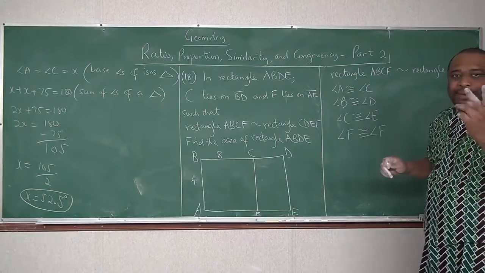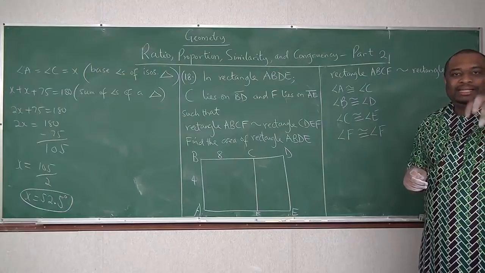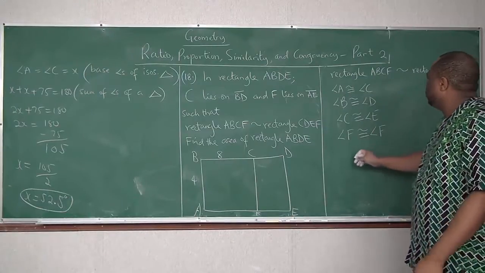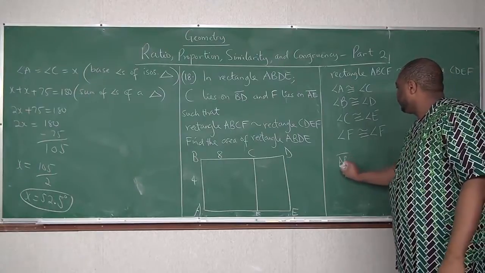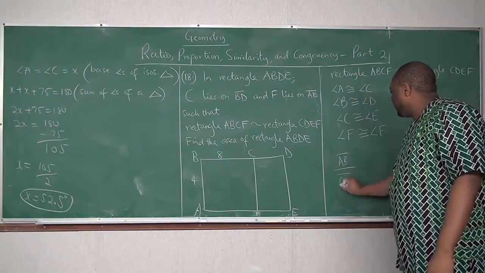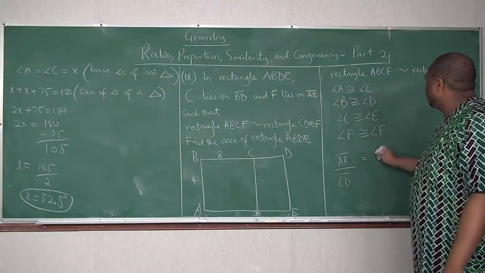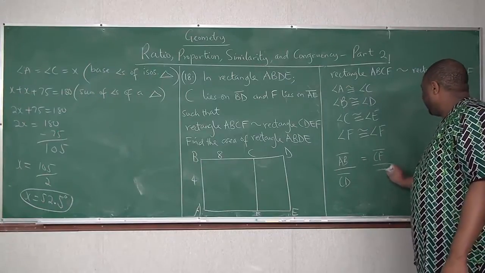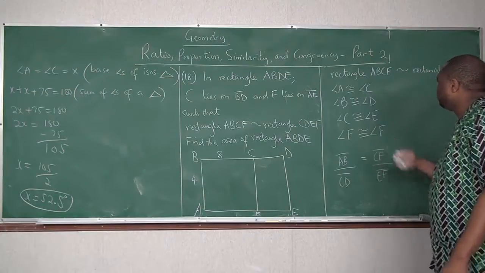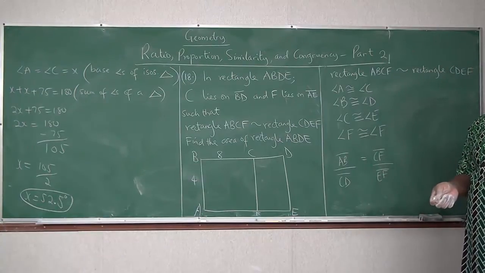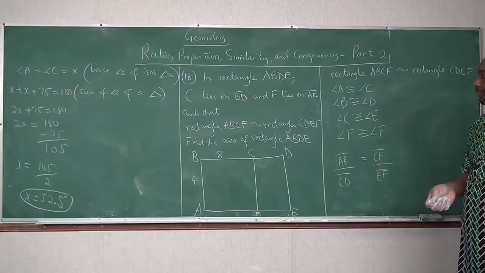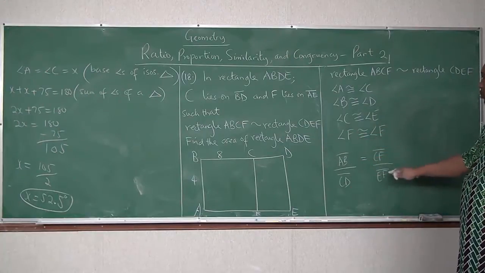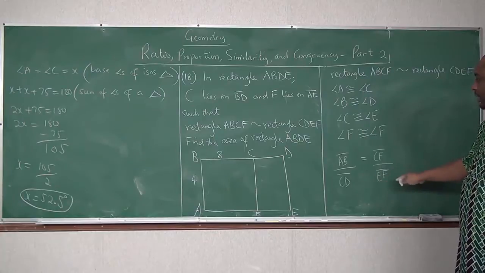Then the second requirement, the lengths of the corresponding sides are proportional. So line segment AB over line segment CD is equal to line segment CF over line segment EF. Okay?